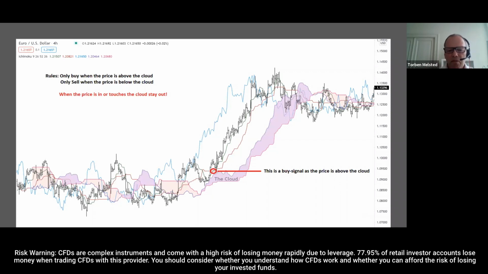Okay, so as you can see here, we have prices above the cloud. It moves above here and stays above. So what we need now is a signal when to buy, because we can't just buy because it moves above the cloud. That's no good.